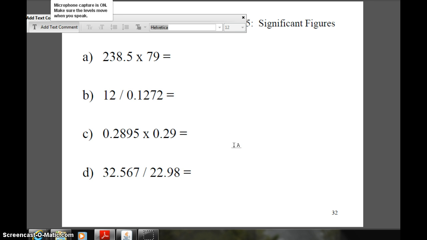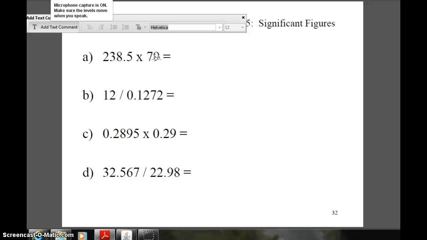Before we go to addition and subtraction, let's perhaps go over a couple of examples. So if you have 238.5 and 79, and you want to carry out that multiplication, that mathematical operation, the question is how would you report the final answer?